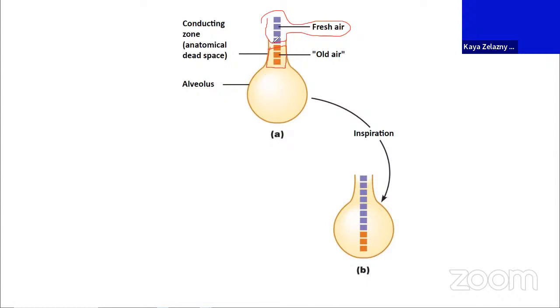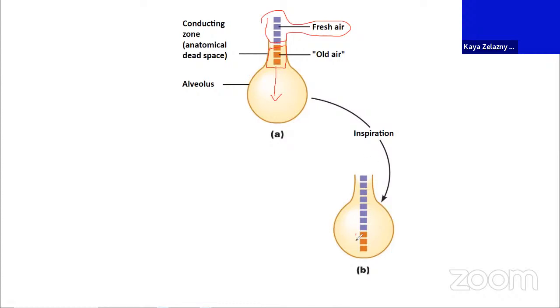Now, when you breathe in, you're going to breathe in air from the atmosphere, air from the room, fresh air. But that old air doesn't just magically disappear. So that old, used up air that is still stuck in your conducting zone goes back down into the alveoli first, because it's the closest column of air to the alveolus.